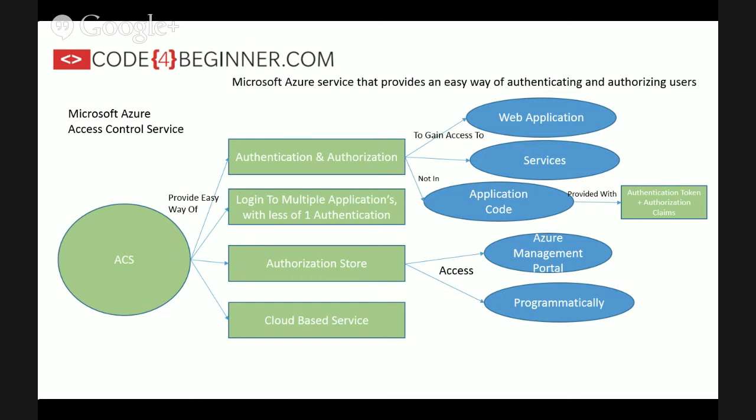ACS provides all the mechanisms to handle authentication and authorization. The main advantage of ACS is once you are authenticated in one application, you can log on to a different application with the same authentication. So a second time you don't have to provide authentication credentials.